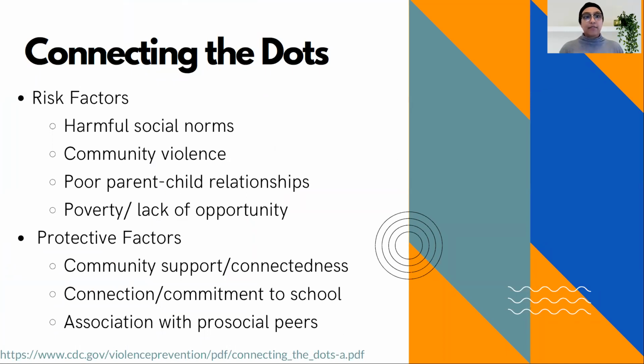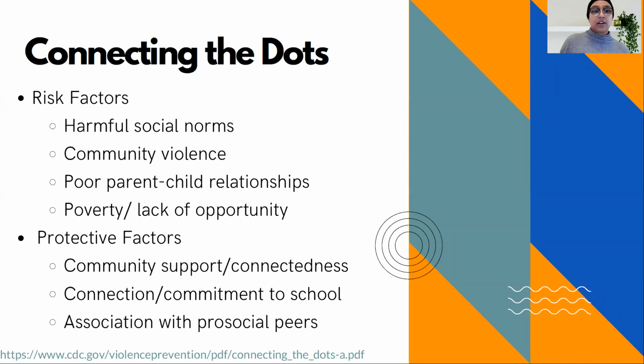Many of you may have heard of Connecting the Dots. This is a document put out by the CDC. I have the link at the bottom, but if you just Google Connecting the Dots CDC, you should be able to find it fairly quickly. It talks about risk factors and protective factors for different types of violence, including intimate partner violence, suicide, bullying, sexual assault, and a few others.